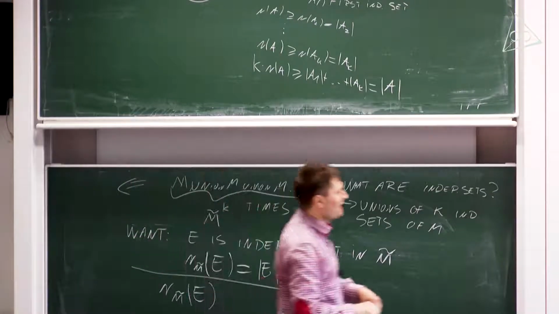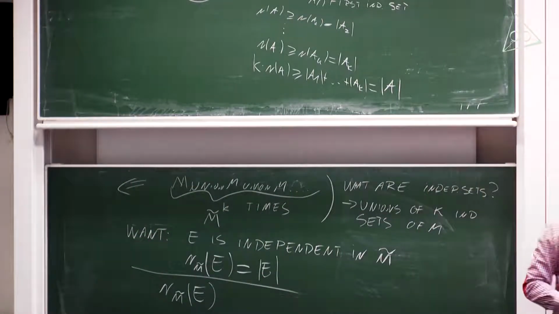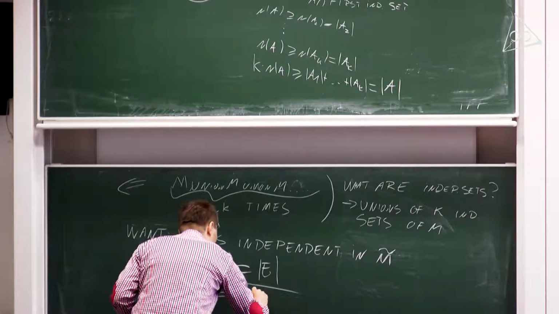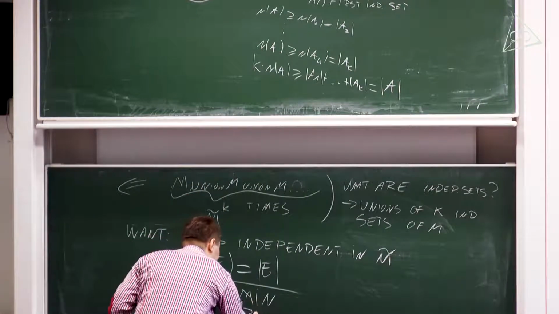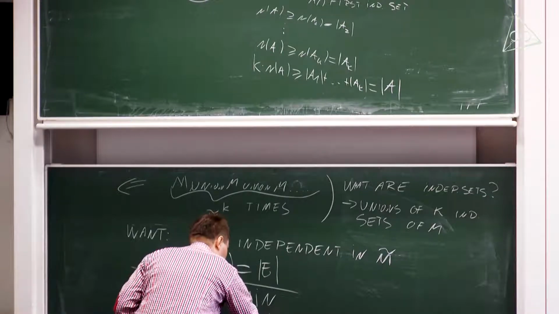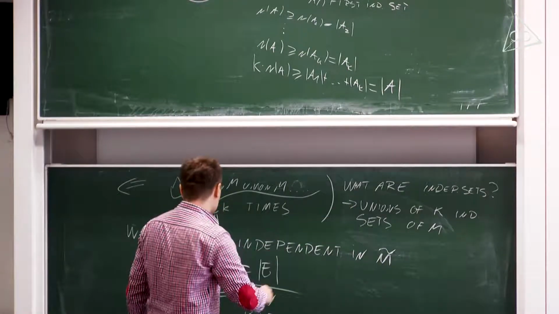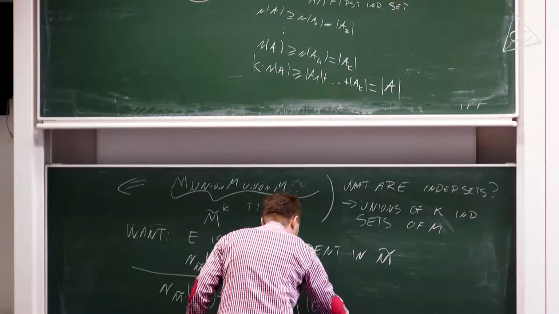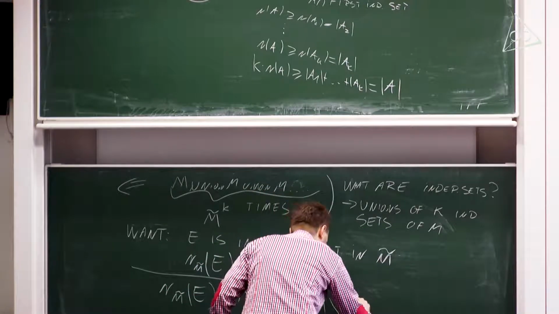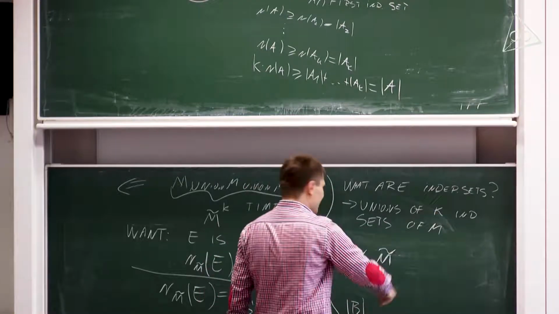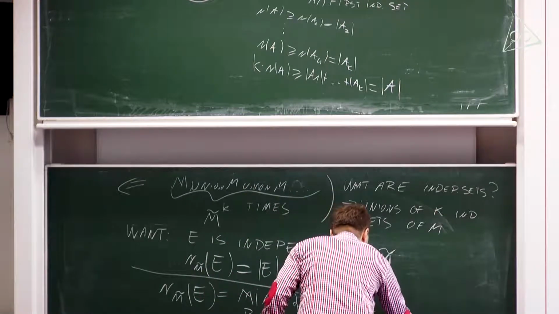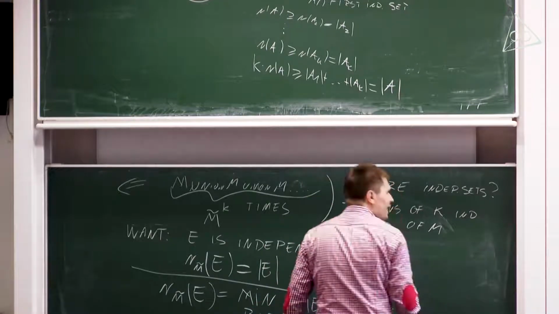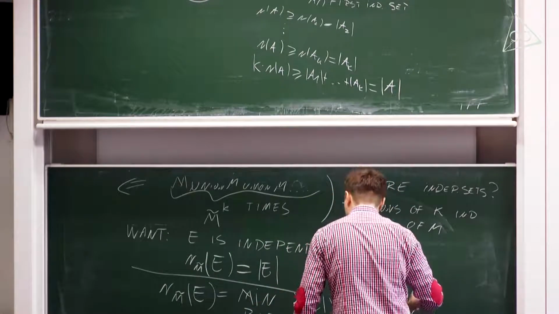Well, it tells us that it's a certain minimum over all subsets B of E, and then we have to take the cardinality of E minus the cardinality of B, and then we need to add k times the rank of B.